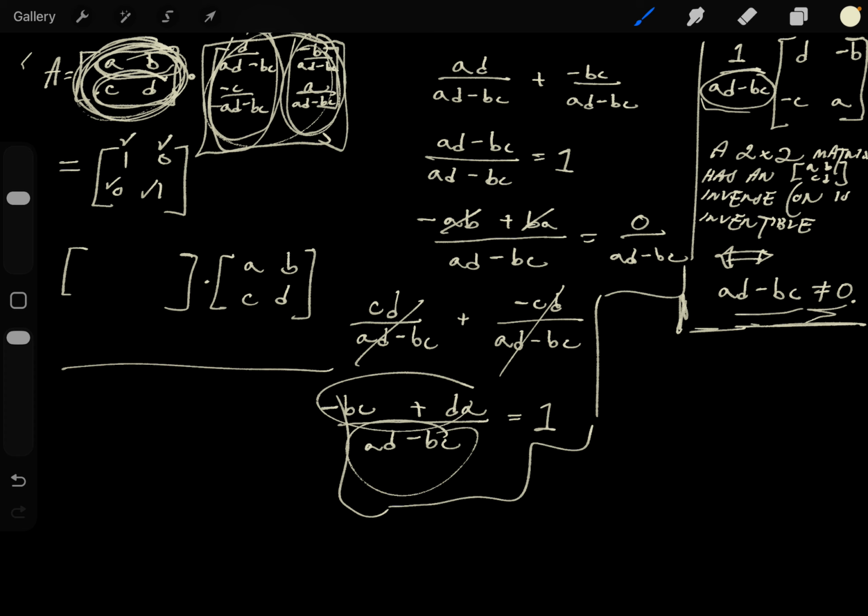Now what we need to prove is that if I have two like this, when I multiply them I get another invertible matrix. But that's sort of obvious because if you have another matrix EFGH, right? So this is another matrix.